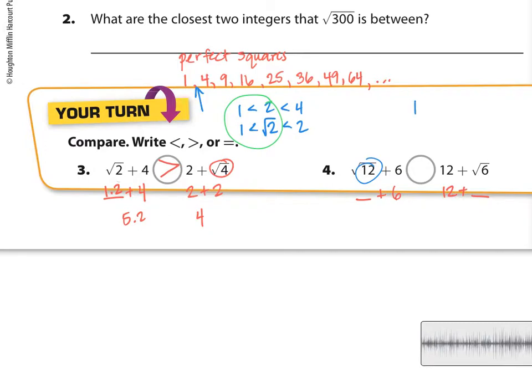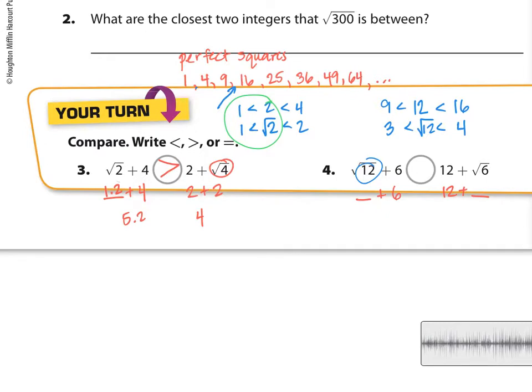So 12 is not a perfect square, but I can figure out where it belongs. It belongs in between 9 and 16. I know the square root of 9 is 3. The square root of 16 is 4. So the square root of 12 is in between there.